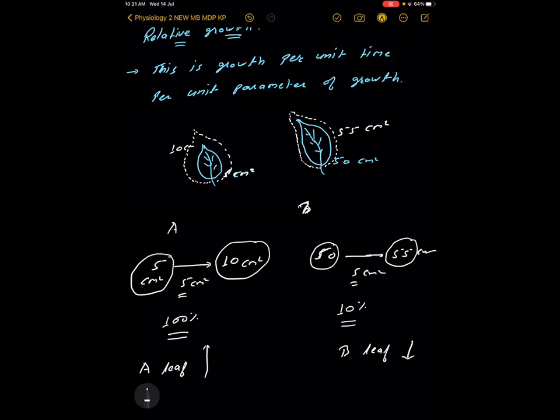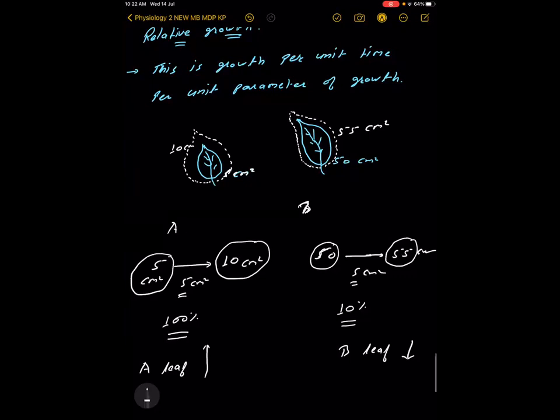So both have to cover the same area, but the 5 centimeter area is already present in leaf A, and it has to grow another 5 to achieve a total of 10 centimeter square area.